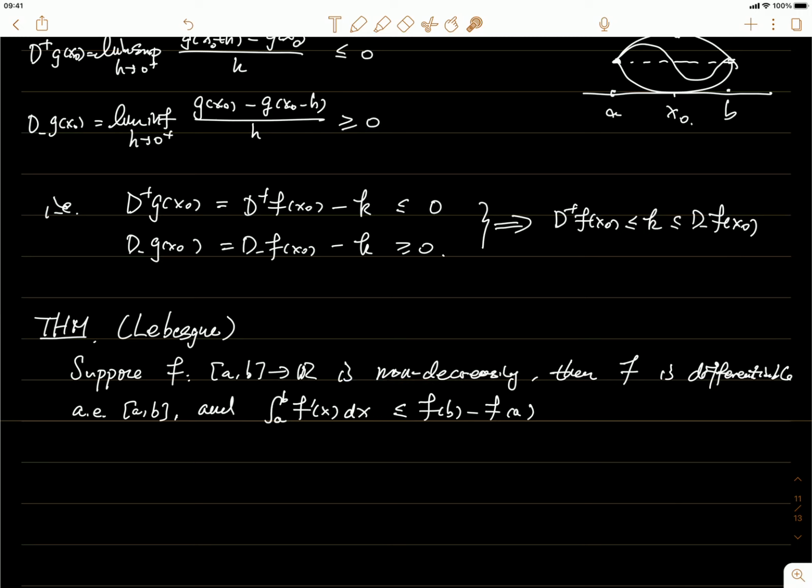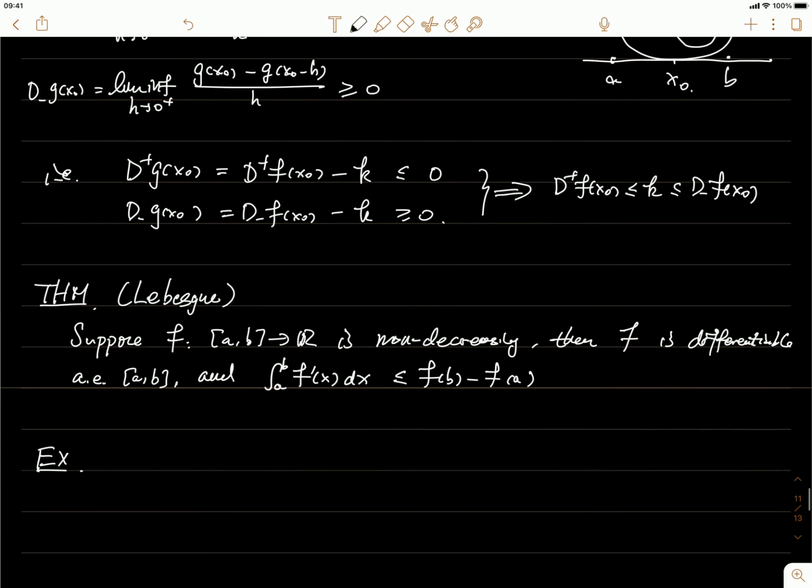Okay, so we can take an example. It's a pretty simple example of why this may not be equal. For example, this f of x is defined from [0, 1] to R. Okay, and it takes the value, say, 0 when x is between 0 and 1/2, and takes value 1 when x is between 1/2 and 1.